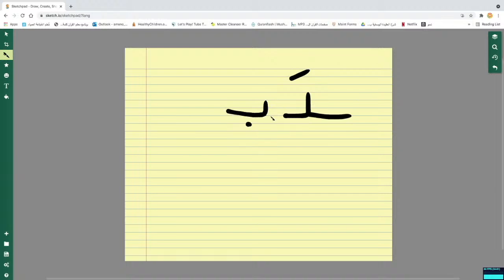Just like that. There will always be space between any letter that comes to the left of this poor letter. Okay? So it would connect from the right, but cannot connect from the left. So let's see if the ba was to come first. So we have ba, and then we have the da.